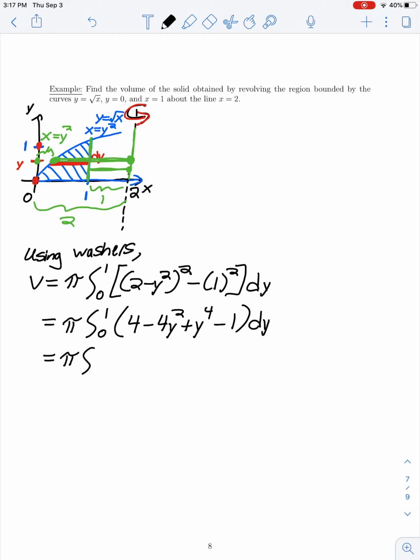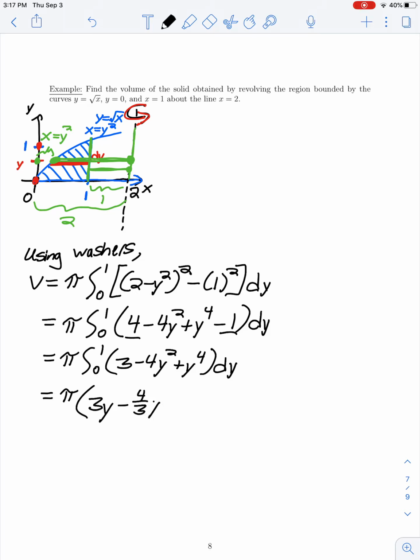And so we have pi times the integral from 0 to 1 of our 4 minus 1, which leaves us 3, minus 4y squared plus y to the 4th dy. And so now we're ready to find our antiderivative, which is pi times 3y minus 4/3 y cubed plus 1/5 y to the 5th. And this is being evaluated on the interval from 0 to 1.